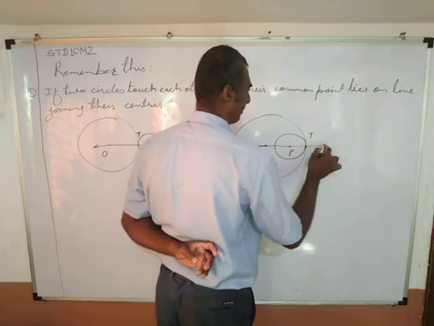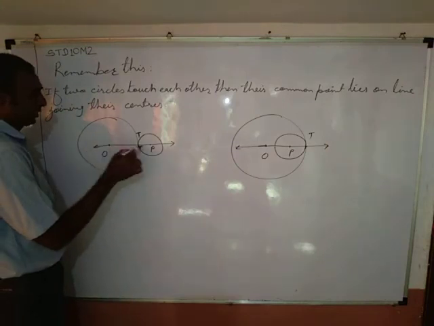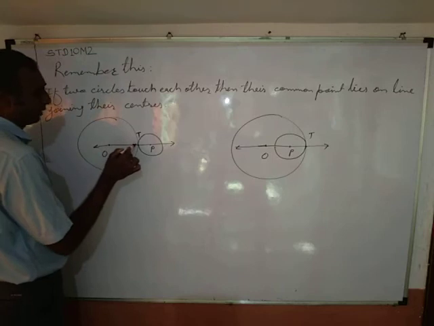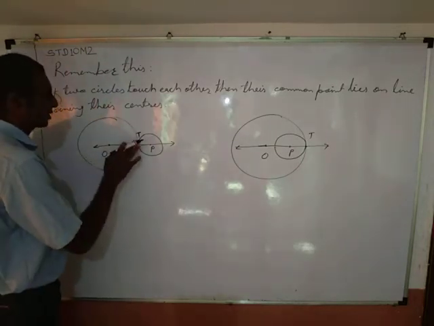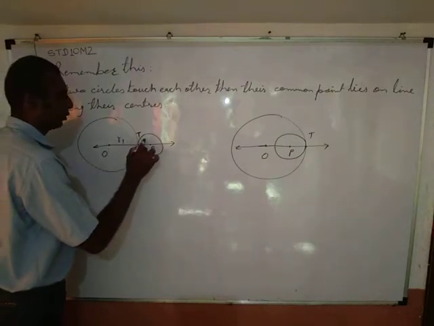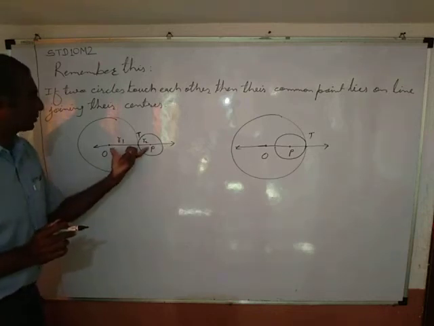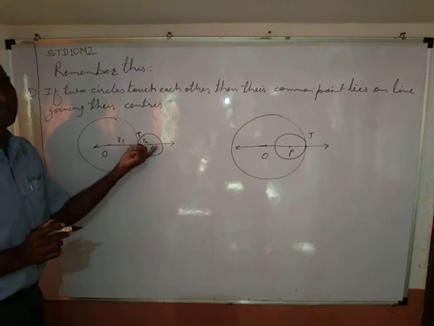Now here, you may note, in a case of externally touching circles with centers O and P having common point of contact T, here you may note O-T-P. Means if R1 and R2 are radii of these two circles, then the distance between centers of these circles will be the sum of their radii.